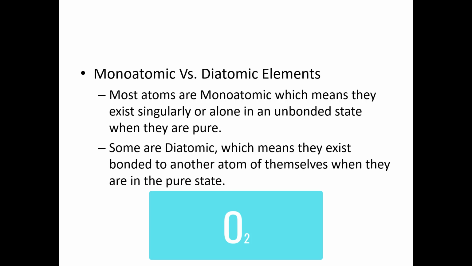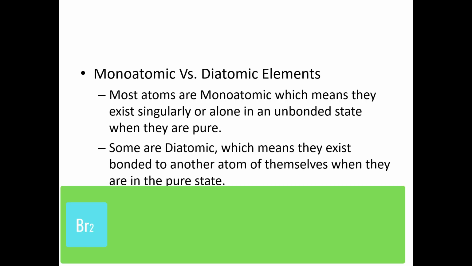Now, there are certain elements which are our diatomic elements, and they include bromine, iodine, nitrogen, chlorine, hydrogen, oxygen, and fluorine.